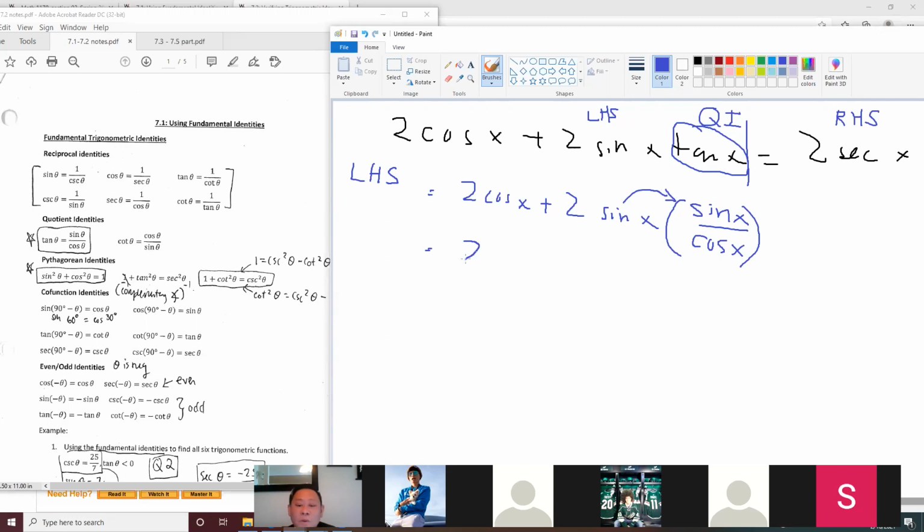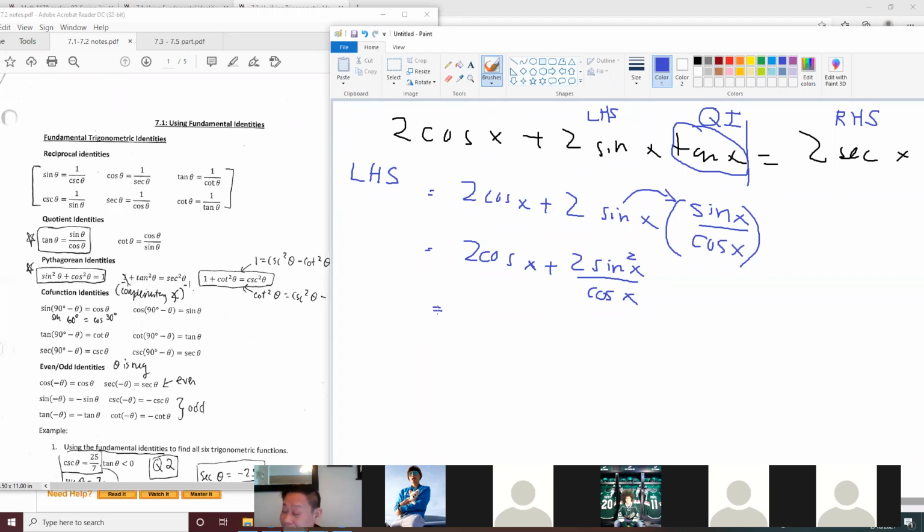So you will get 2 cosine x plus 2 sine x squared, because that's two of them, right? Over by cosine x. Yep, that's good. You cannot cancel the cosine because this is addition, because those are 2 separate terms. Unfortunately, you cannot cancel these 2 because they're not the same. What else can you do here?